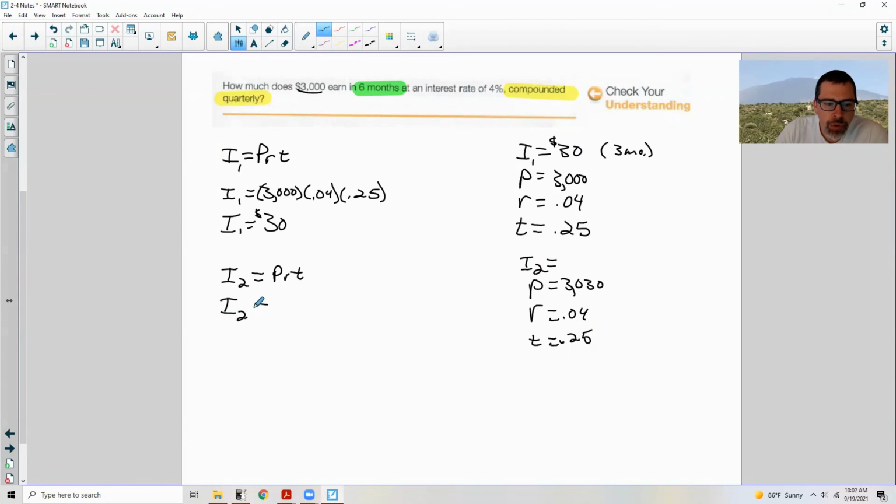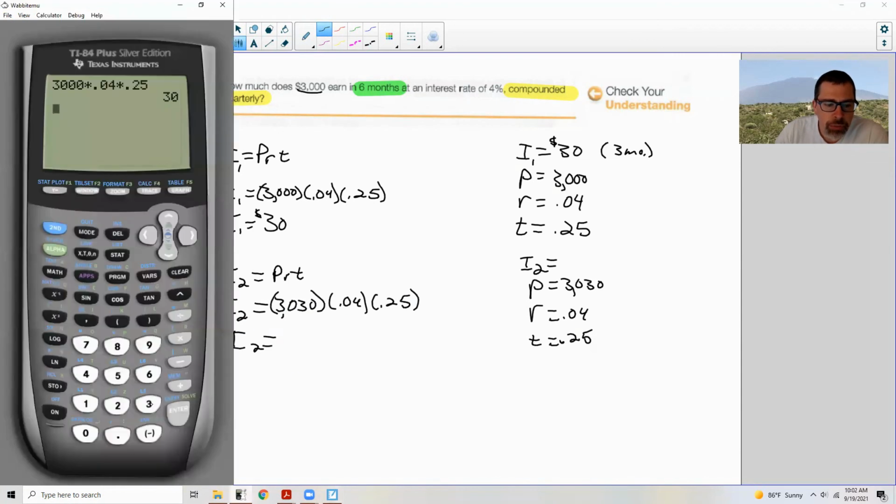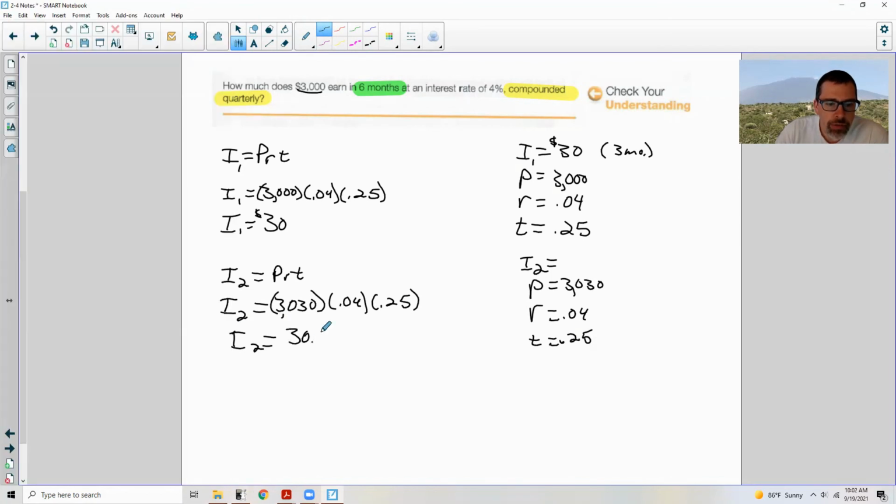Interest for the second quarter equals 3,030 times 0.04 times 0.25. So I sub 2, the interest after the second quarter, is principal times rate times time, and that becomes $30.30.